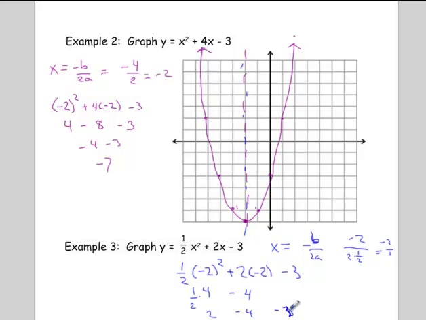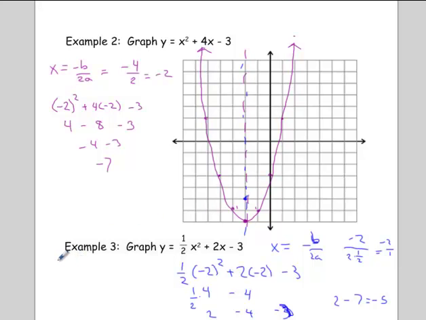This time, instead of adding straight across, because order of operations says so, I am going to add negatives first. Negative 4 plus negative 3 is negative 7. 2 minus 7 is negative 5. So my vertex is at negative 2, negative 5. So right here.